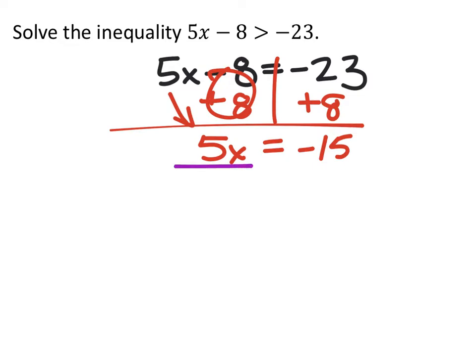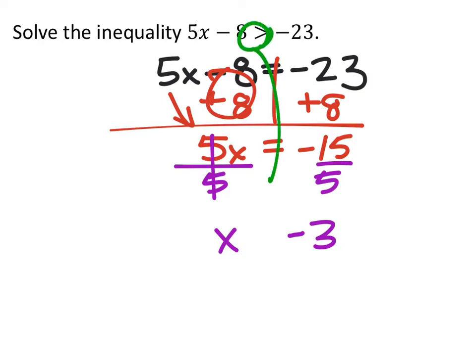And now what I would do to solve this is I'd divide both sides by 5 to make that 1x. So I got x equals negative 3 now, but now I will look back and remember that I was dealing with a greater than symbol, so I'll just drop it down here.